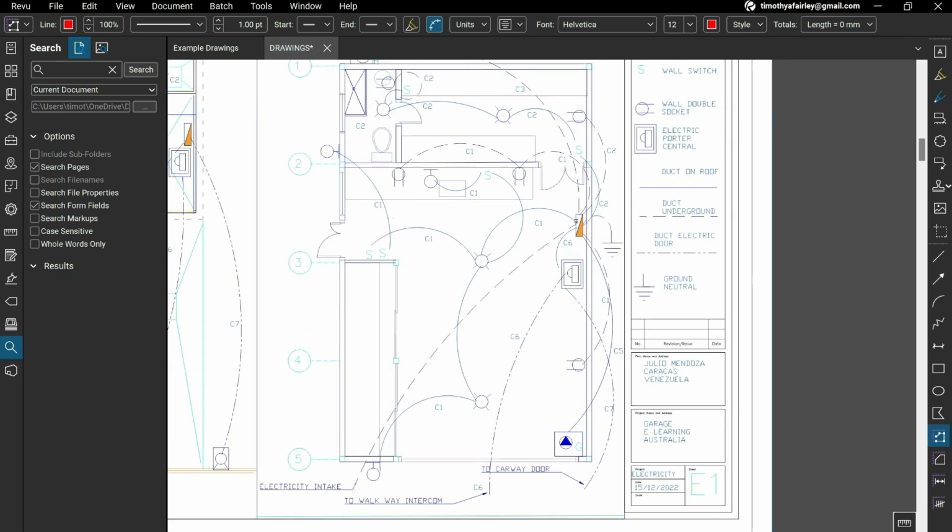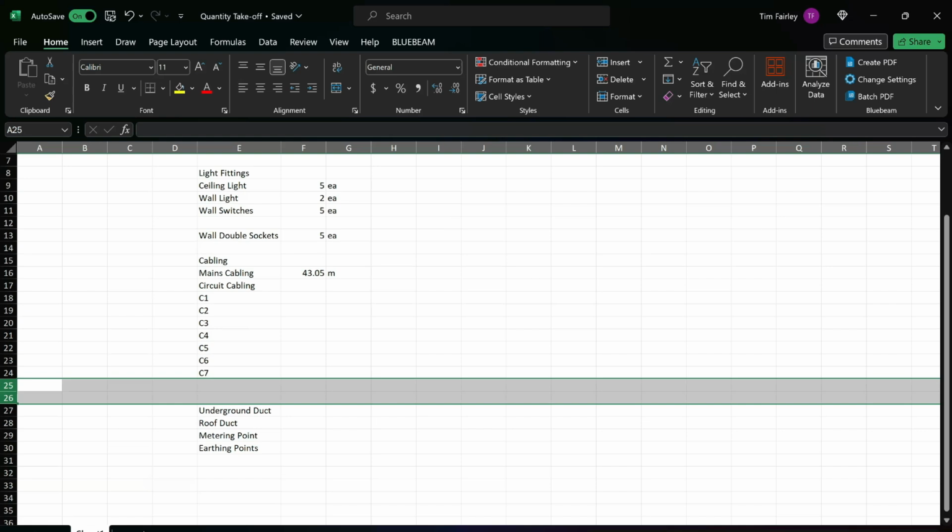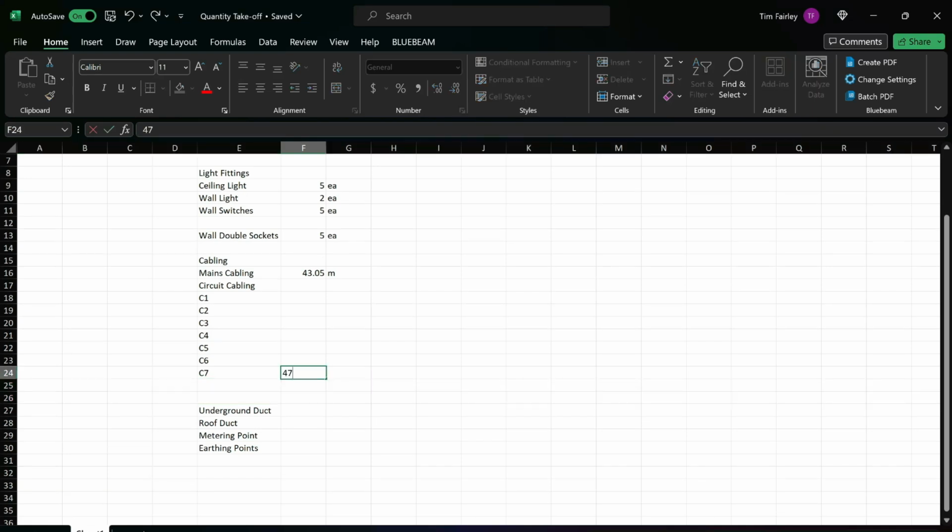So let's work out. I'll just put the actual lengths here and we can apply termination lengths to it after. So it'll be equals this plus 4, because you've got terminations at both ends, times 1.05. So that's 5% wastage. And then we'll get the actual length.